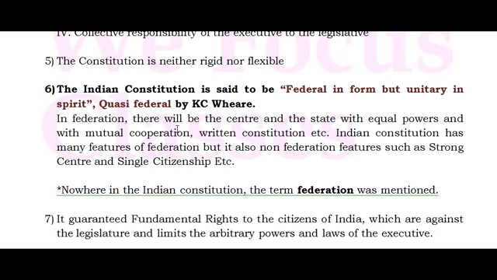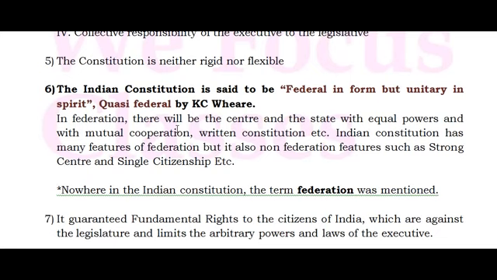Now, coming to rigid and flexible. Once you understand the flexible one, you can understand the rigid. Flexible means we need only a simple majority, the majority of the people present in the parliament.